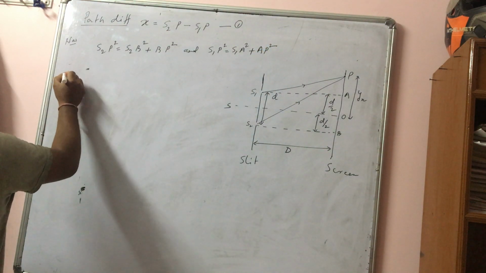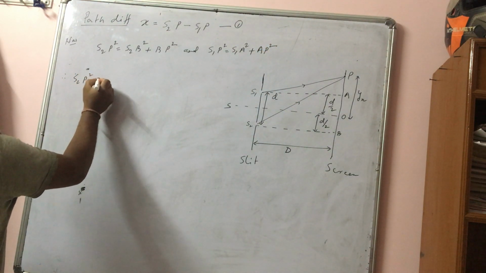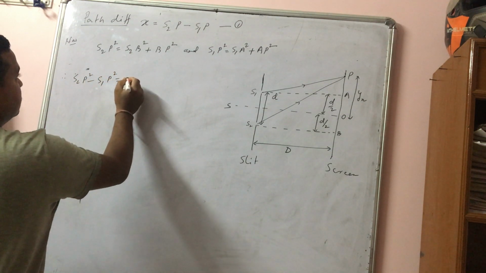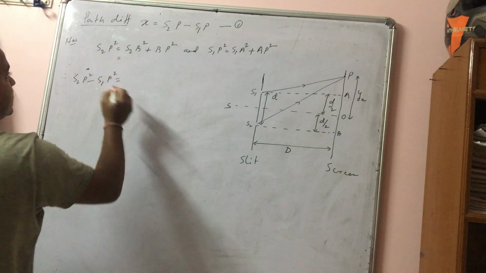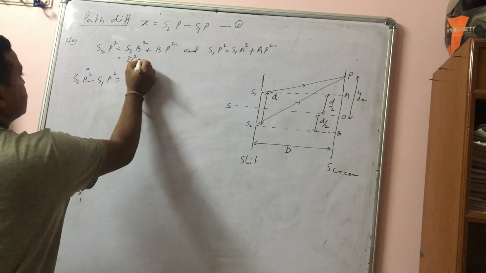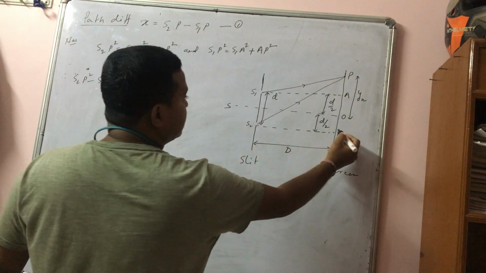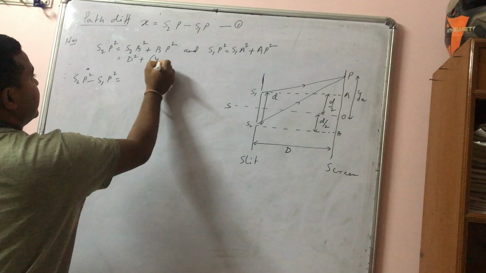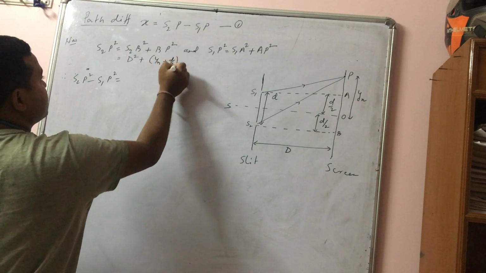Therefore S2P square minus S1P square, or better, you can put the values here. What is S2B? S2B is D, so D square plus BP. BP, from here to here, is yn plus d by 2, so yn plus d by 2 whole square.